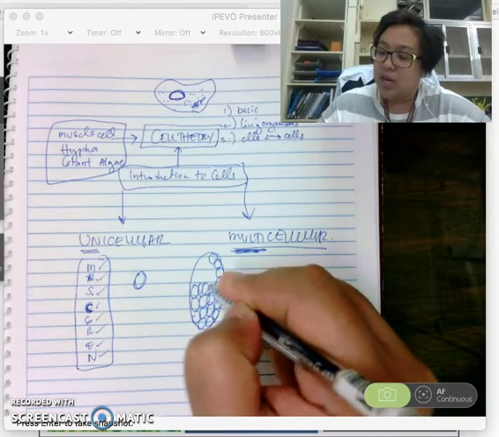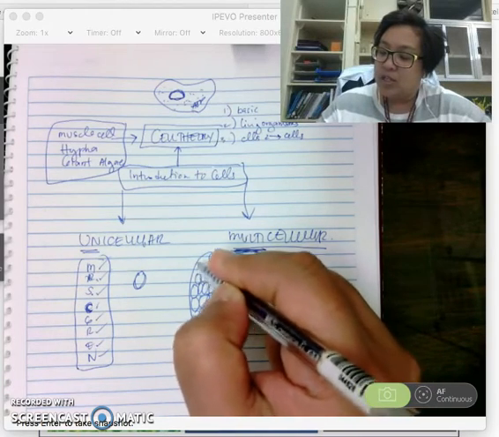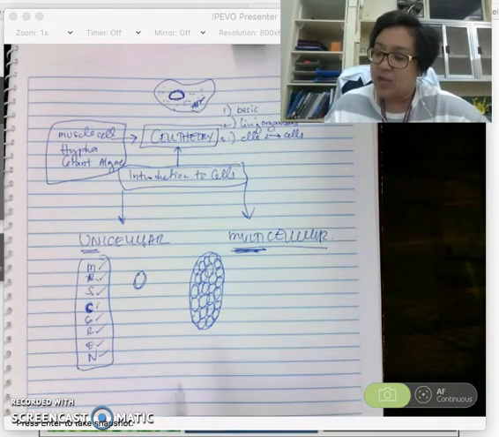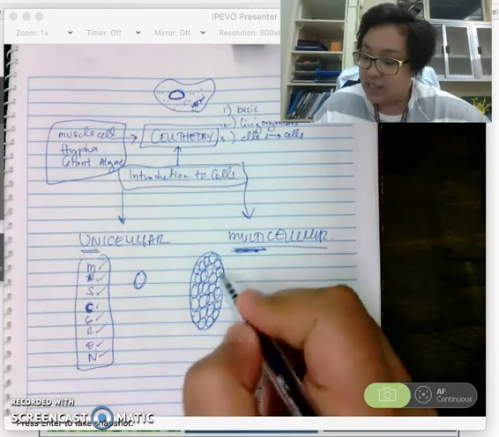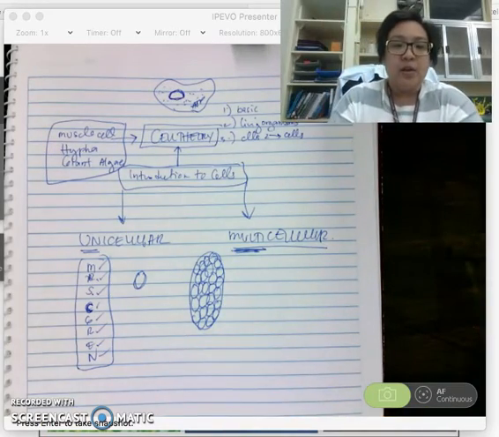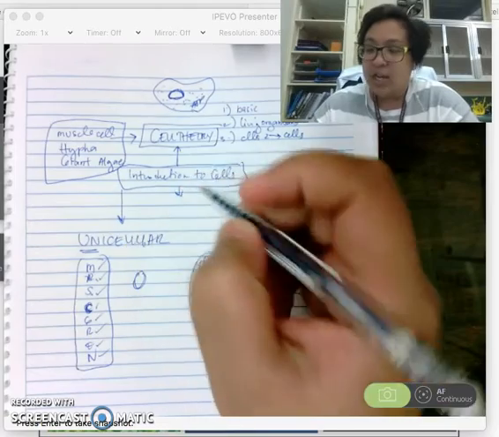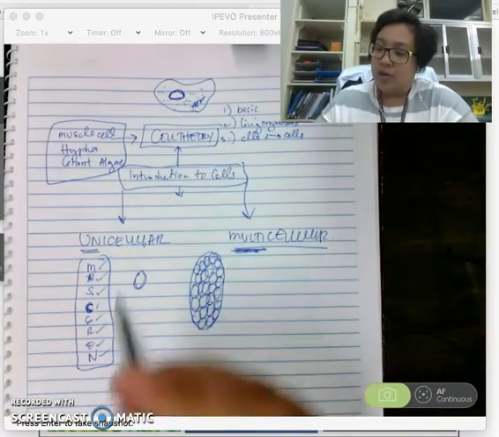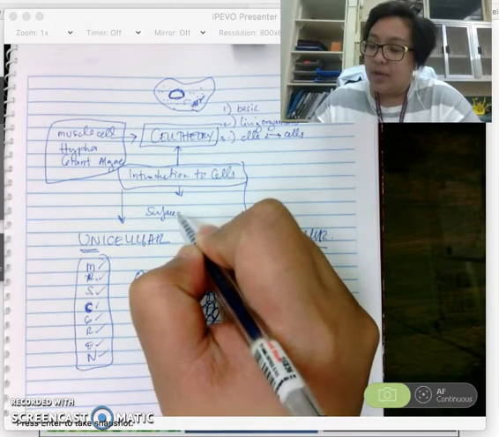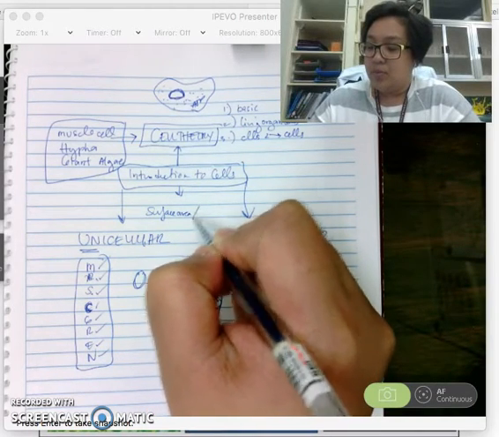Now the question here is, why do cells need to be small? So you have a bigger living organism, why does it need to be made up of smaller cells instead of this whole organism being made up of one cell? To be able to understand that, you need to learn the concept of surface area and volume.